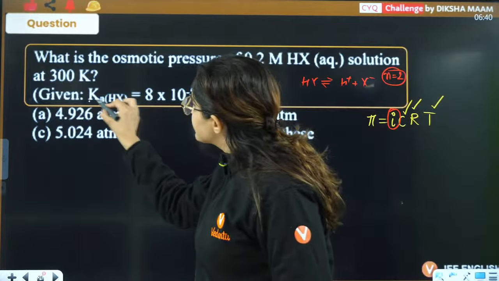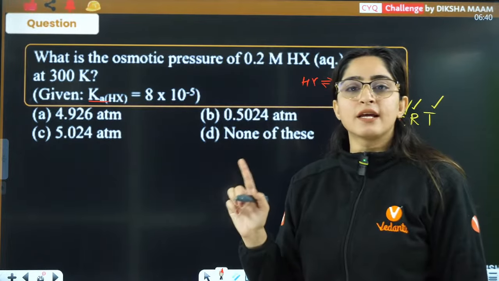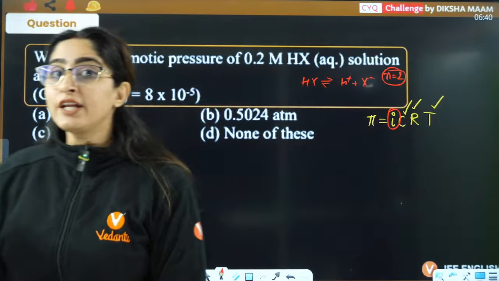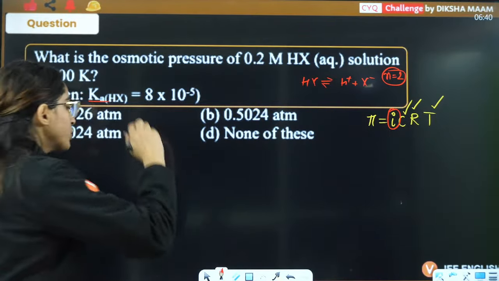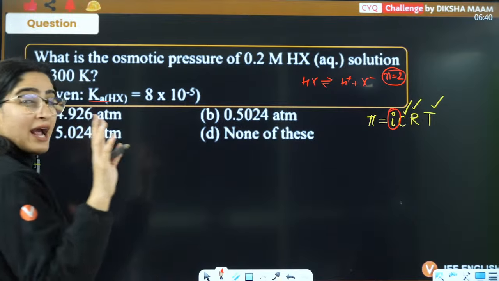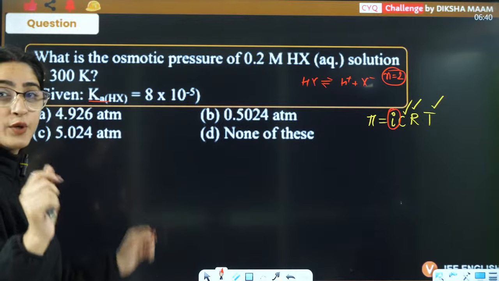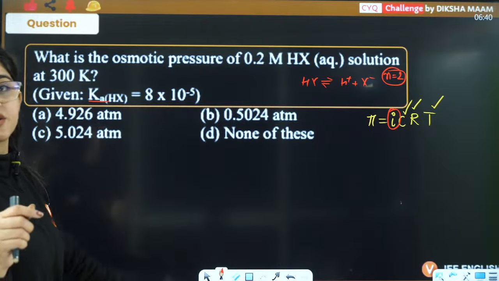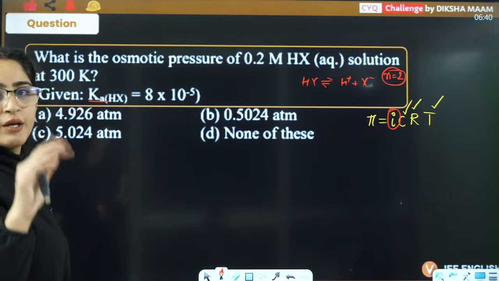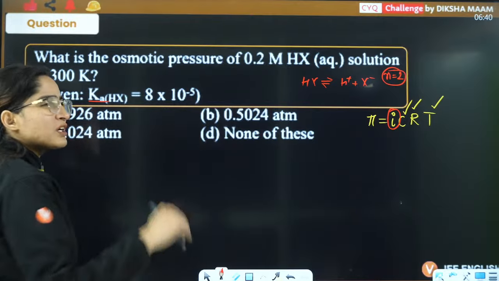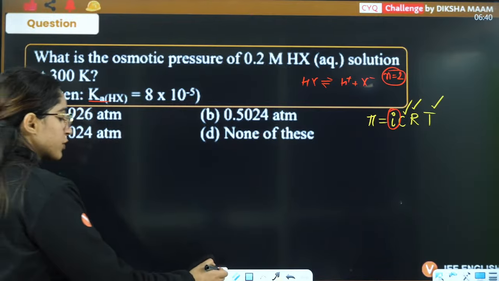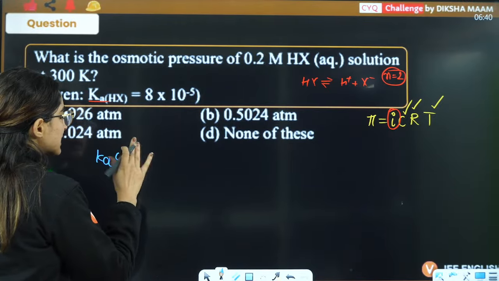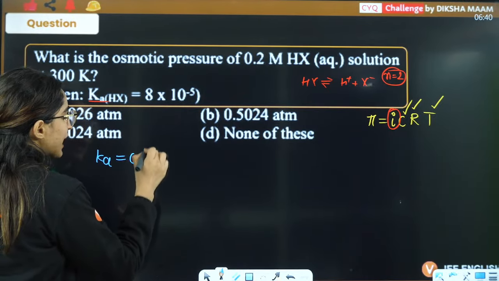Whenever Ka is given, it means it does not have 100% dissociation. So I need to calculate the value of alpha. Ionic equilibrium and solutions are quite related to each other, and this is how they ask you mixed questions, and they are very important. This is not a tough question, but two things you have to apply here. First is Ka is equal to C alpha square for a monoprotic acid.